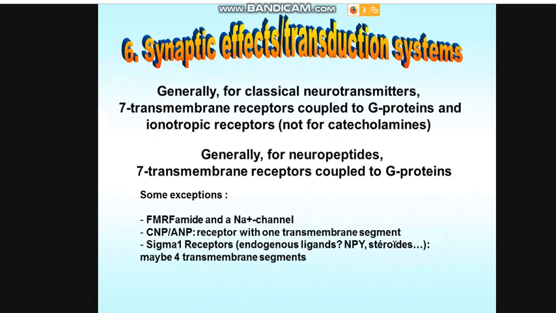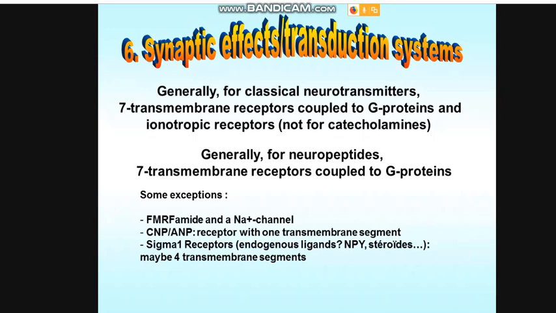Steroids, we know that progesterone can act as antagonist on sigma-1 receptors. Neuropeptide Y can also act on sigma-1 receptors. And we know that a lot of antipsychotic, antidepressant, anxiolytic drugs can act on sigma-1 receptors. But still, this receptor is a mystery.